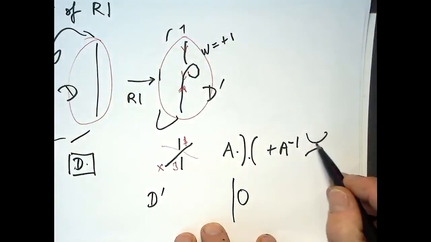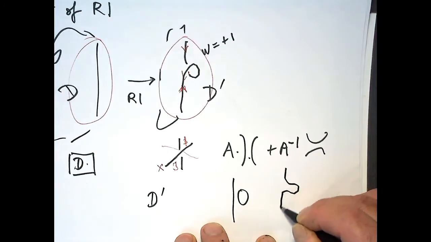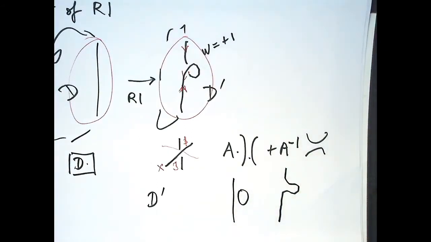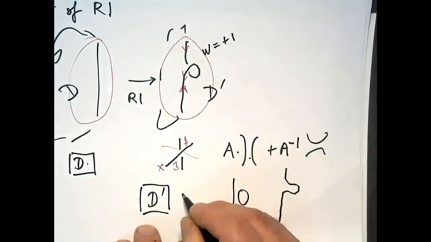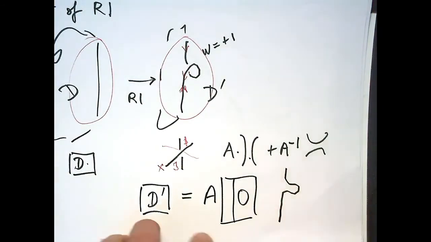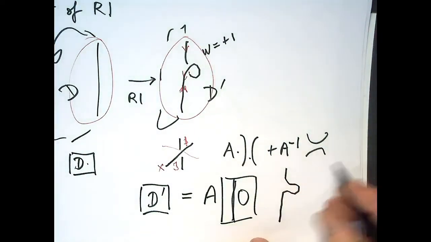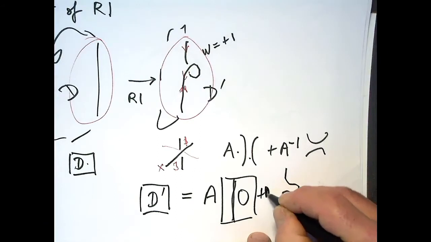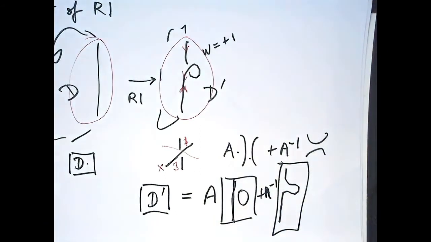If we split it this way, the diagram will become like this. So the Kauffman bracket of the modified diagram is equal to A times the Kauffman bracket corresponding to that, where the strand forms part of the bigger knot, plus A inverse times the Kauffman bracket of this configuration, which is just the original knot, because I haven't done anything topologically.